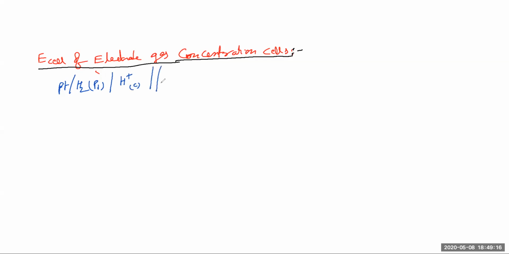Slash parallel lines. Now H plus slash H2, hydrogen is reduced and its pressure is P2.